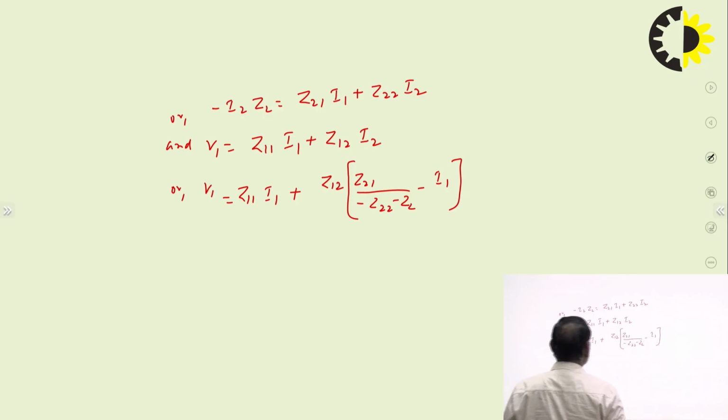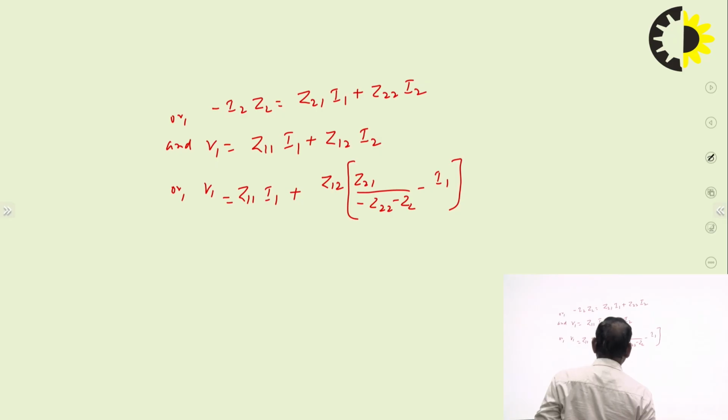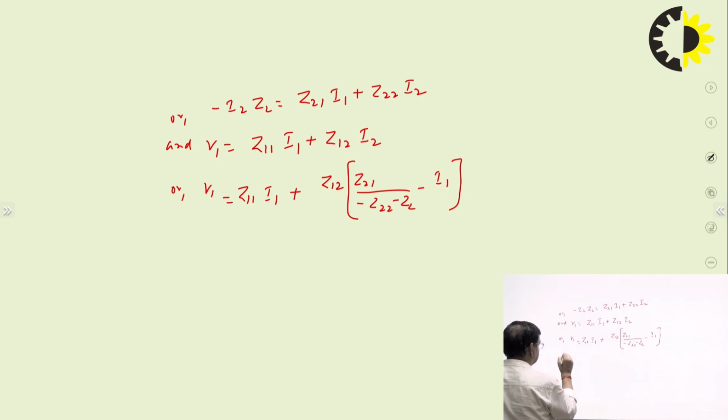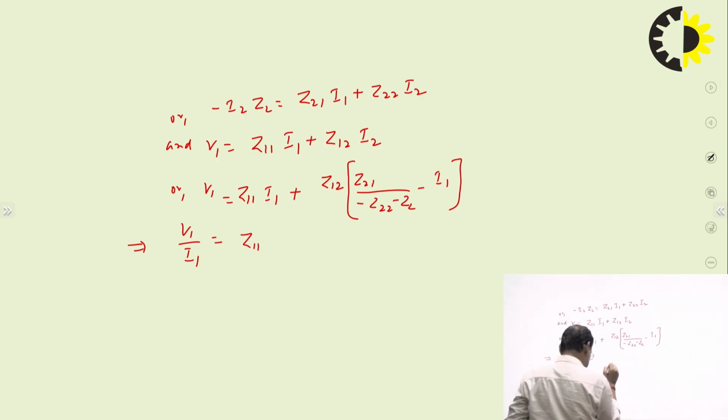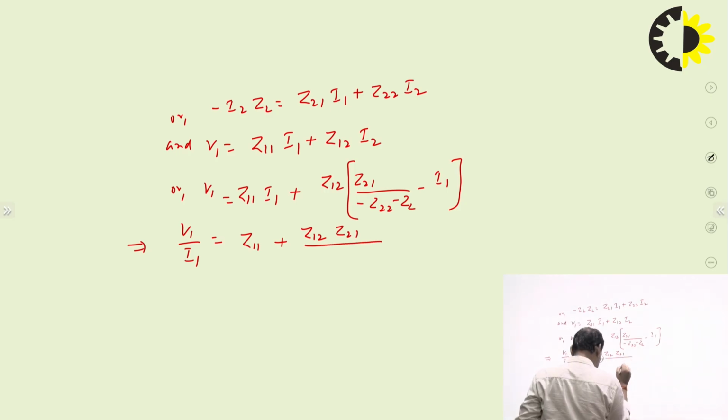So I2 from where we can get this? So I2 is this one. So V1 upon I1 is equal to Z11 plus Z12 Z21 upon minus (Z22 plus ZL).